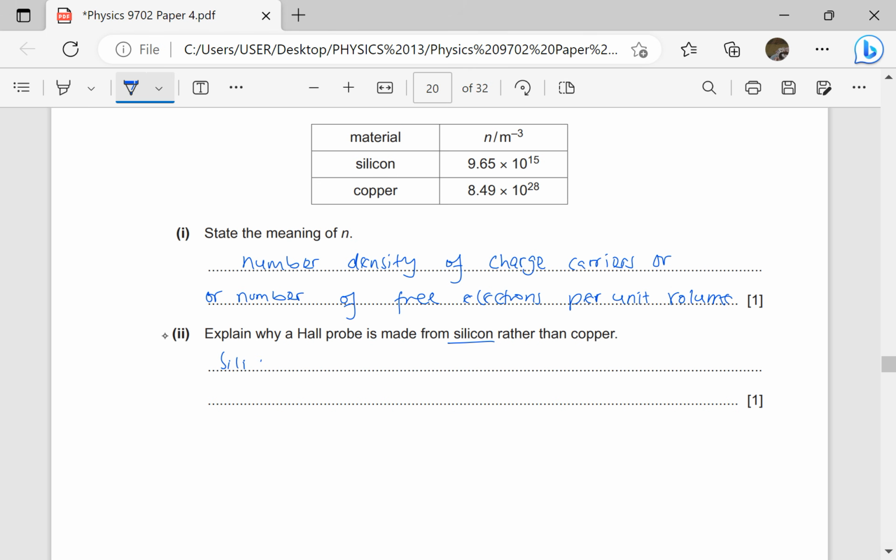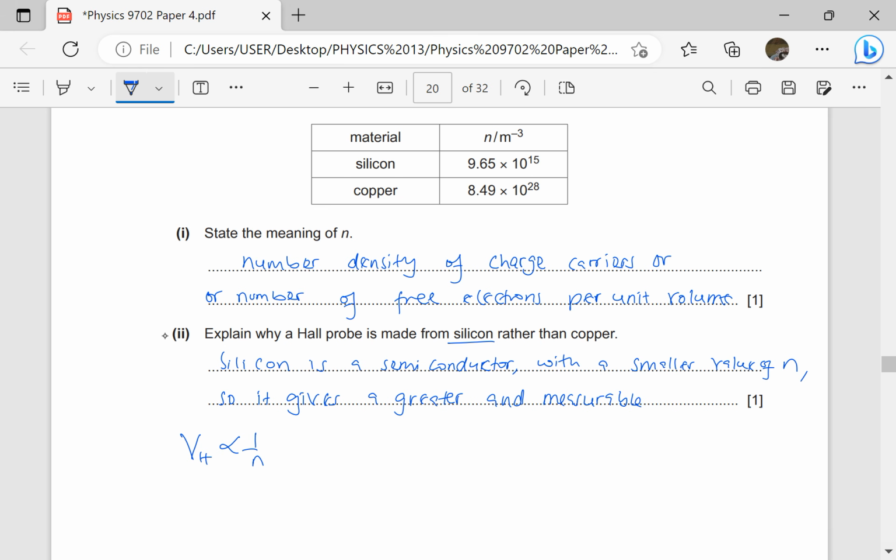So silicon is a semiconductor with a small value of n, and since VH is inversely proportional to n, it gives a greater and measurable value of VH.